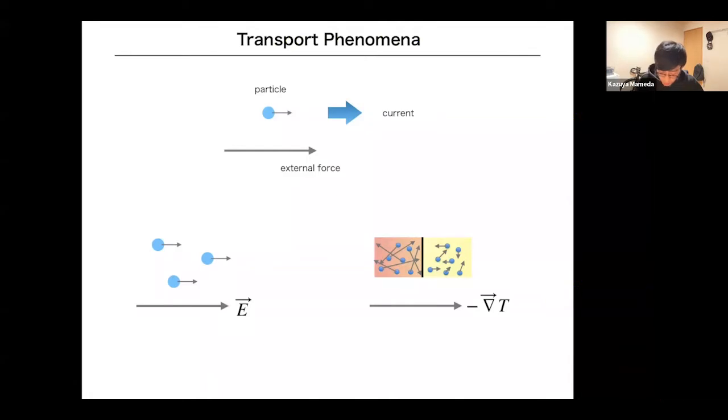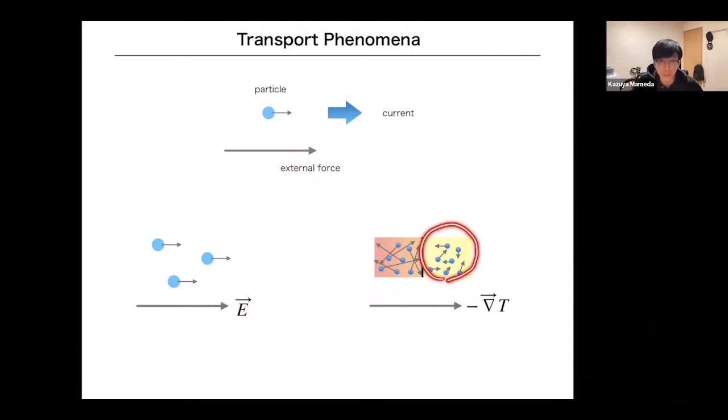Similarly, when you have a temperature gradient along this direction, we also get a current, because if you have the temperature gradient like this, in this box we have high temperature gas on the left-hand side and low temperature gas on the right side.